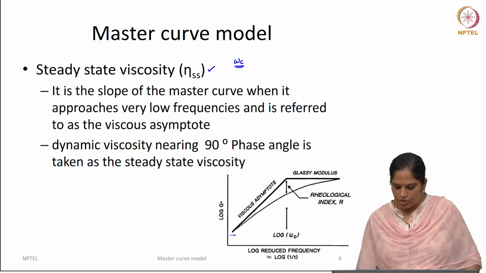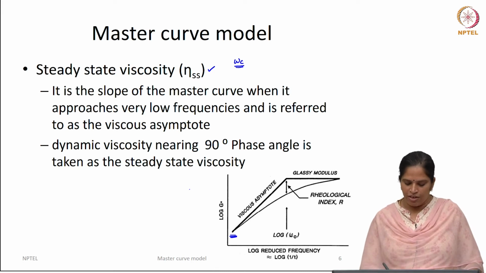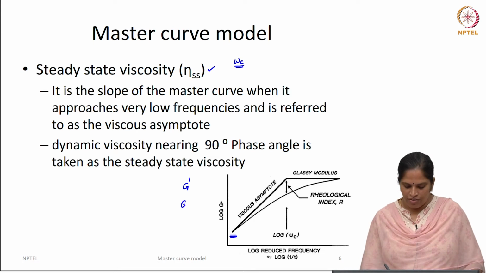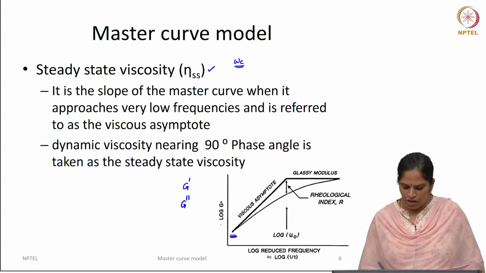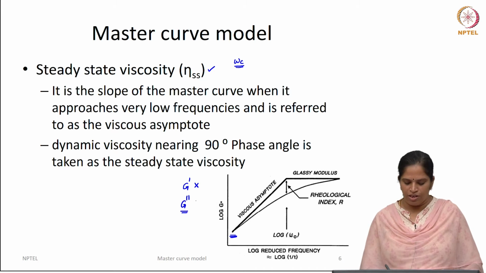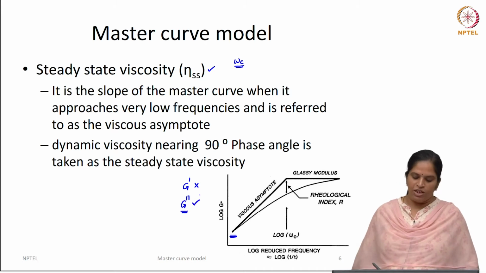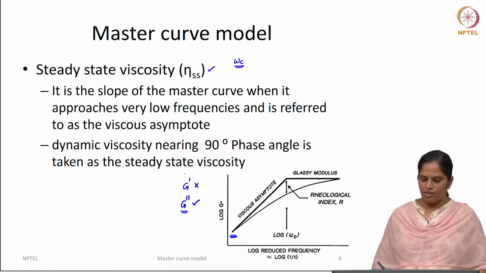Now if you look at very low frequency, as we discussed, similar to the high frequency result, we have two moduli, storage modulus and loss modulus. At very low frequency, the storage modulus will be insignificant and the loss modulus will always be dominating. We have seen this already in small amplitude oscillatory shearing.